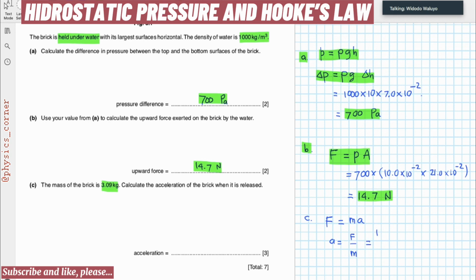Force we have 14.7, mass is 3.0. So acceleration is 14.7 divided by 3.0, which is 4.76 meter per second square, rounded off.